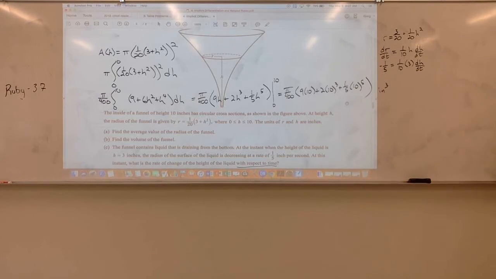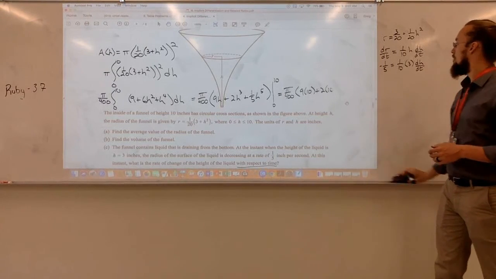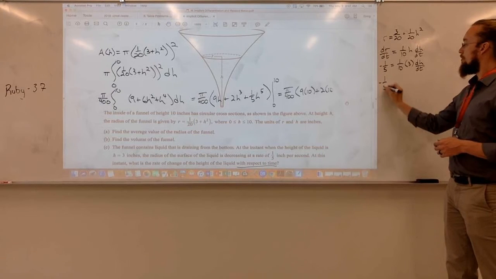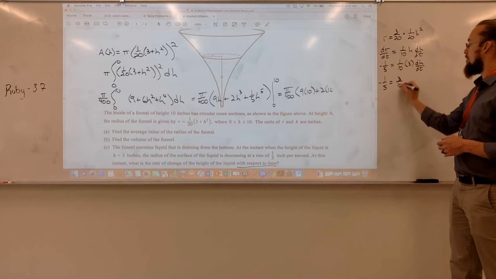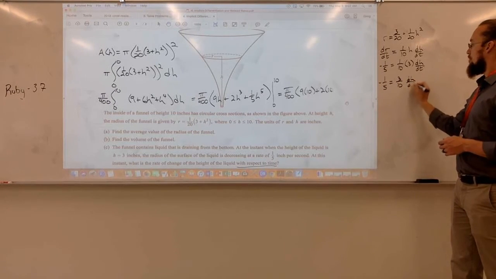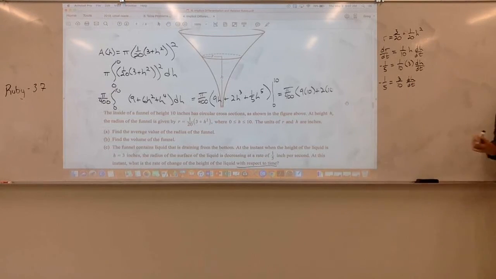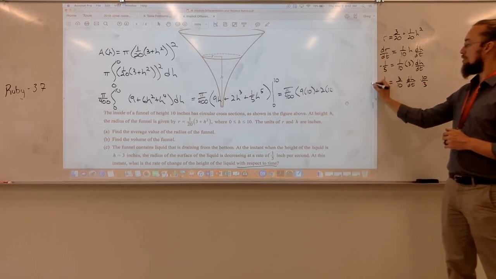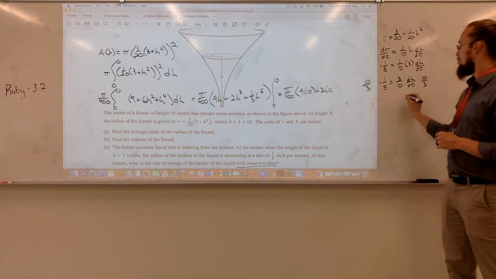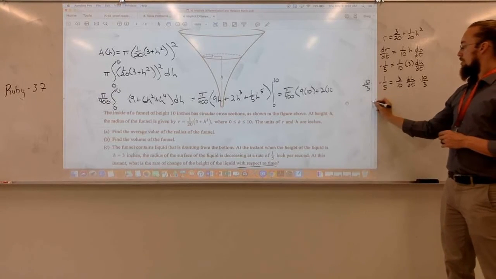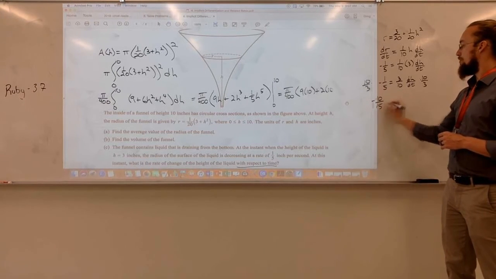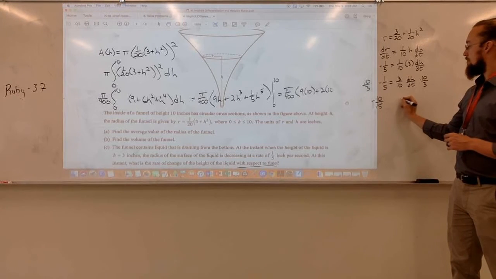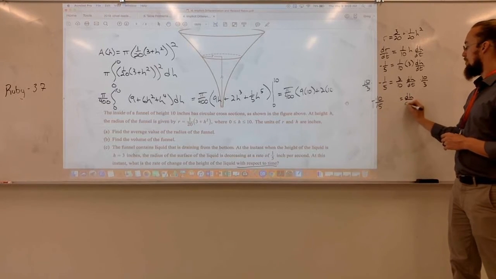So now I just need to solve for dh dt. So negative 1/5 equals 3/10 dh dt. To get rid of the 3/10, I would multiply both sides by 10/3. And we get negative 10/15 equals dh dt.